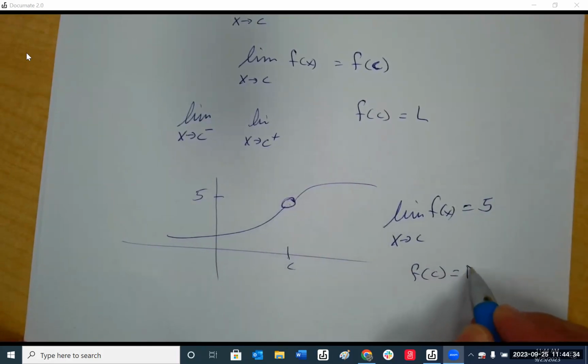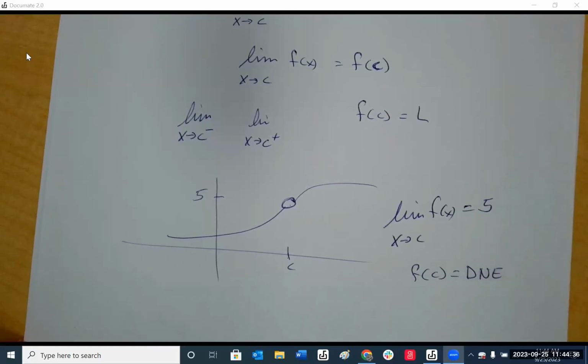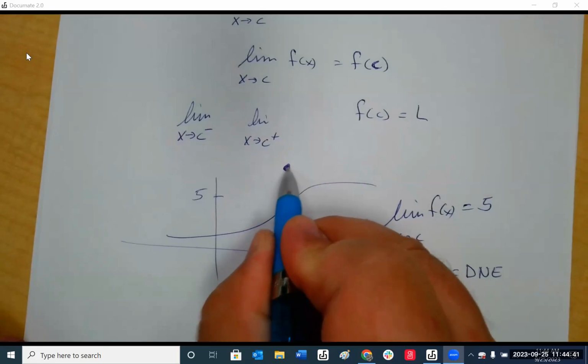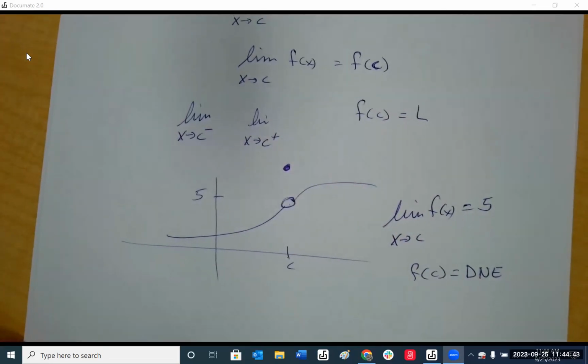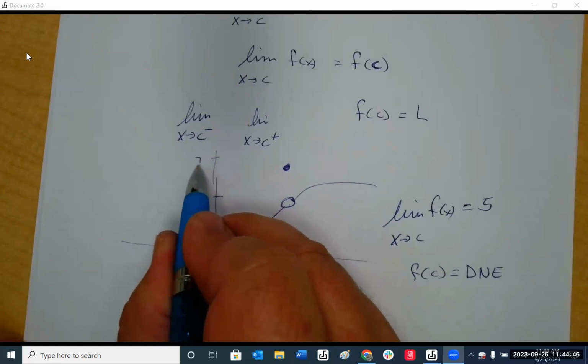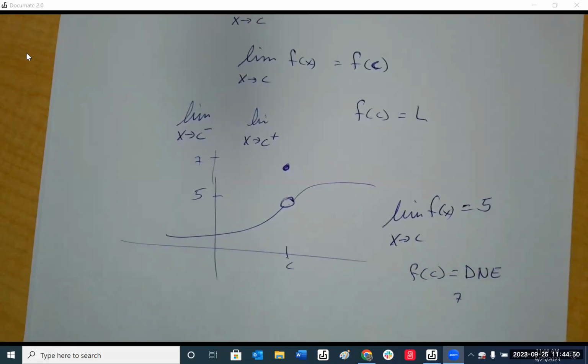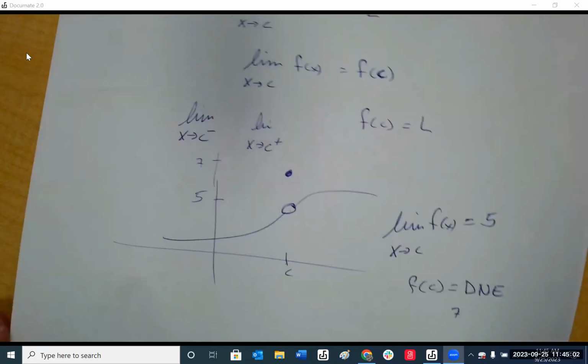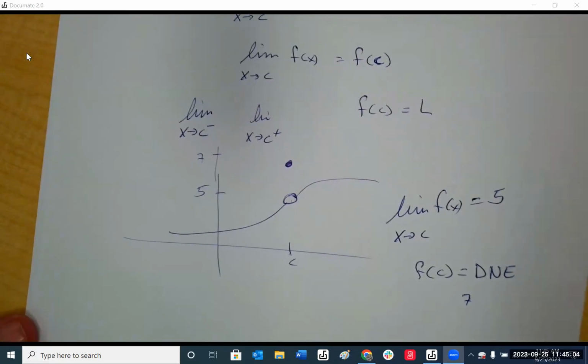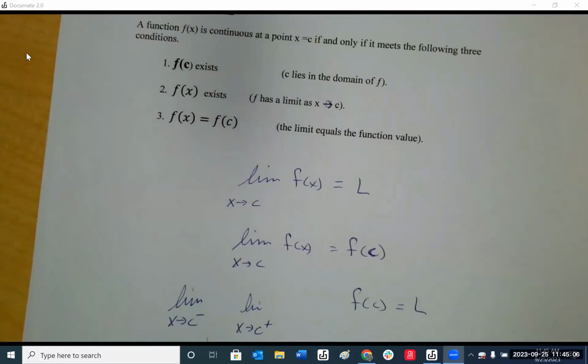No, it does not exist. Or if it's a removable discontinuity, let's say that equals 7. They're not equal, so it's not continuous. So it can't be a jump discontinuity, it can't be a removable discontinuity, and there are a couple other conditions we'll get to. These are the big ones that we have to look at.